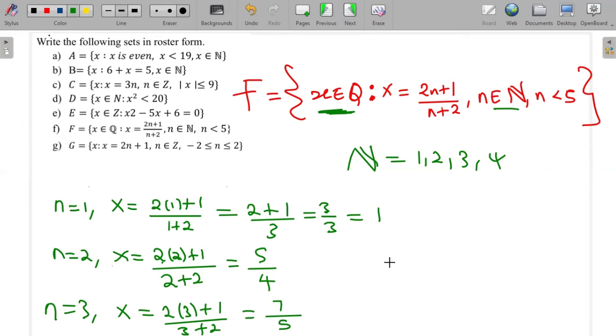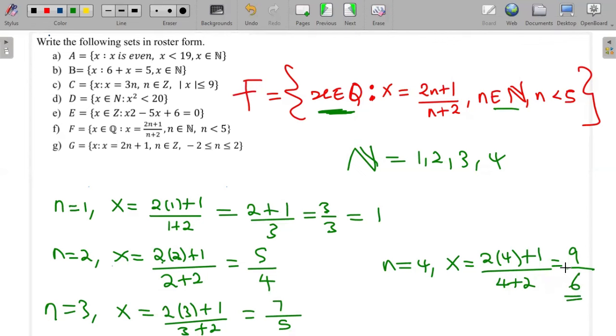Okay, and then the last one will be when n is equal to 4. So x will be equal to 2 multiplied by 4 plus 1 divided by 4 plus 2. So on top, 2 multiplied by 4, that is 8, plus 1, 9. And 4 plus 2, that is 6.